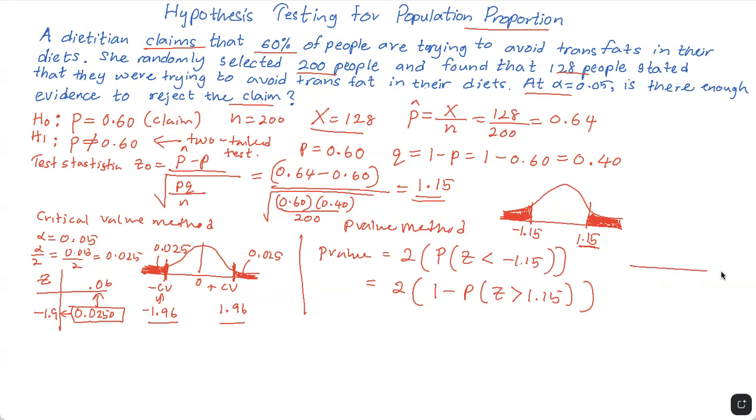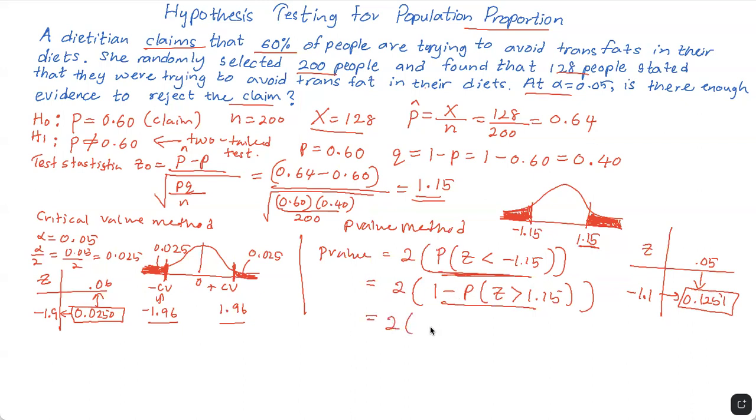So if you look at the z-score table, negative 1.1, second decimal place is 5. So you will see the value over here is 0.1251. So you need to multiply it by 2. So I'm looking for this one. You can use this one if you want. You will get the same answer, right?